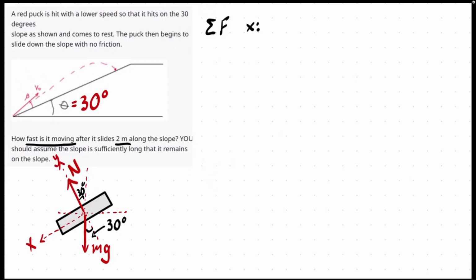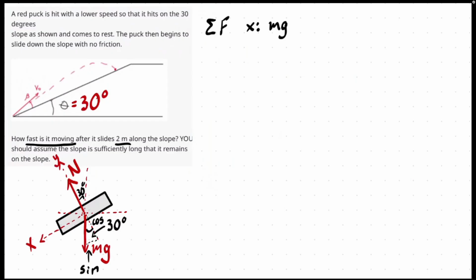We have just the gravity, right? Or a portion of the gravity. So we have mg, right? And then we got to figure out if this is sine or cosine, right? So we know that the side adjacent is going to be the cosine to that angle, and the sine opposite, so this over here, the opposite side, is going to be the sine.